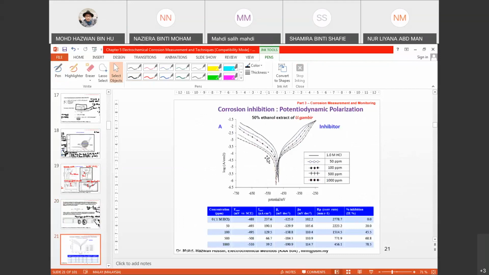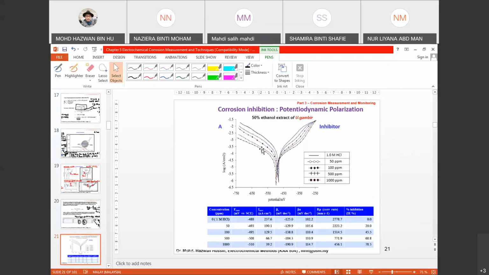So this is also another example. This one is a memory for me. This example was taken during my master's study using Gambir, Uncaria gambir. I did my master's from 2008 until 2010, so this is the data that I got a long time ago.